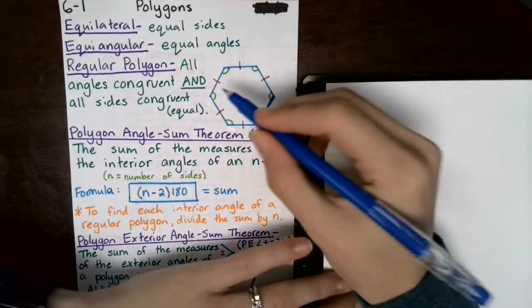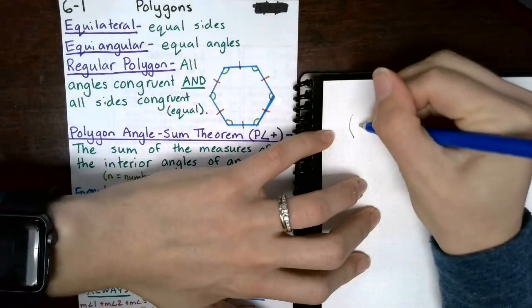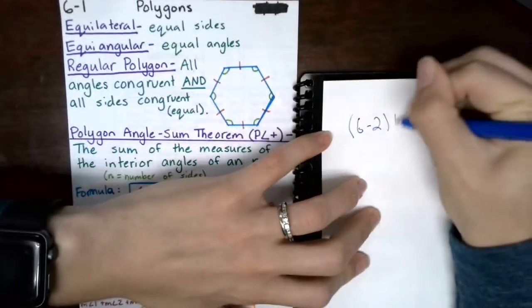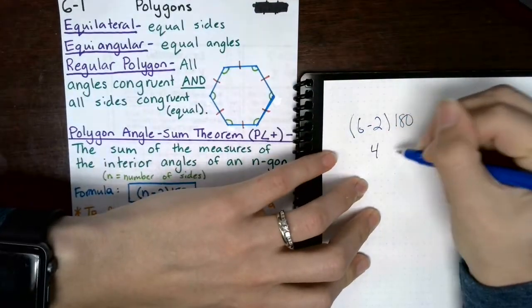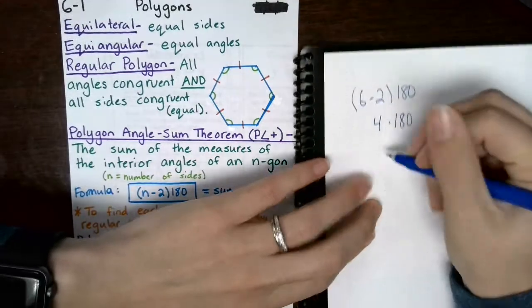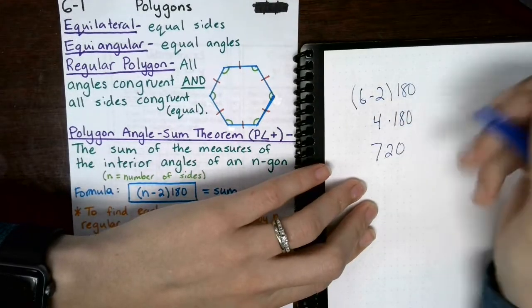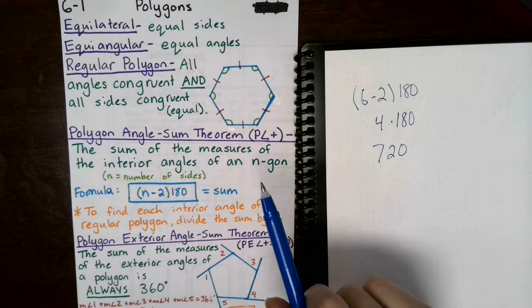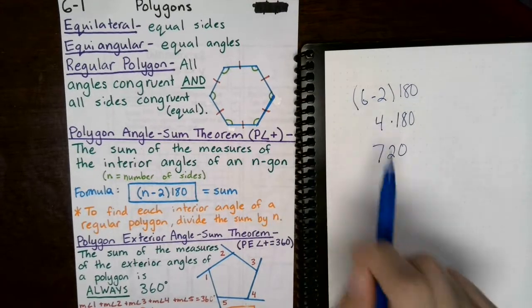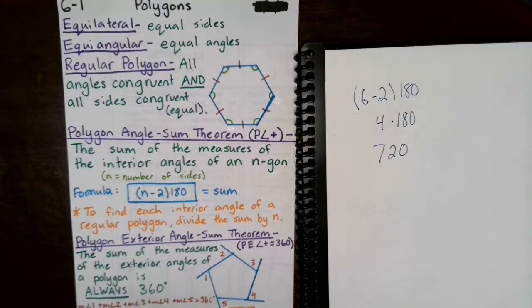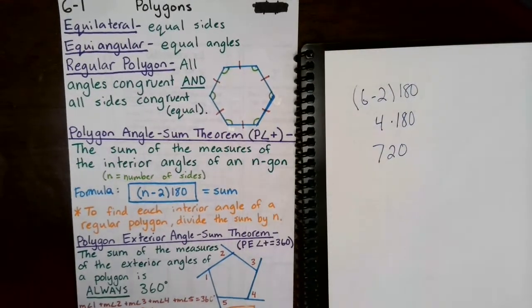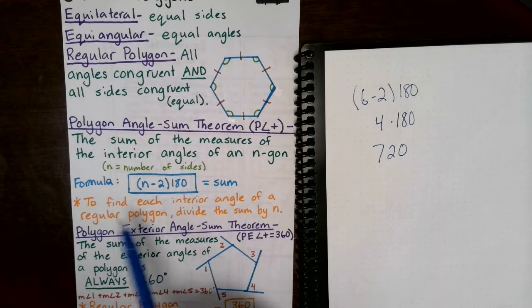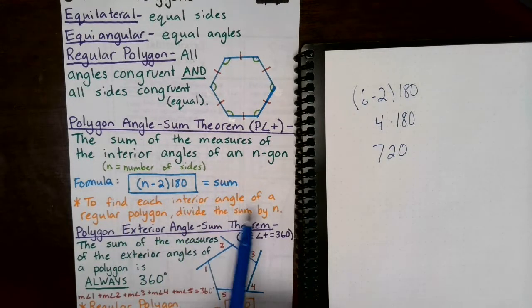So for our hexagon right here, we could do 6 minus 2 times 180. So 6 minus 2 is 4, times 180 is 720. Okay, so the sum of all the angles in a hexagon is 720 degrees. Then going from there, I have a little note down here that says to find each interior angle of a regular polygon, divide the sum by n.